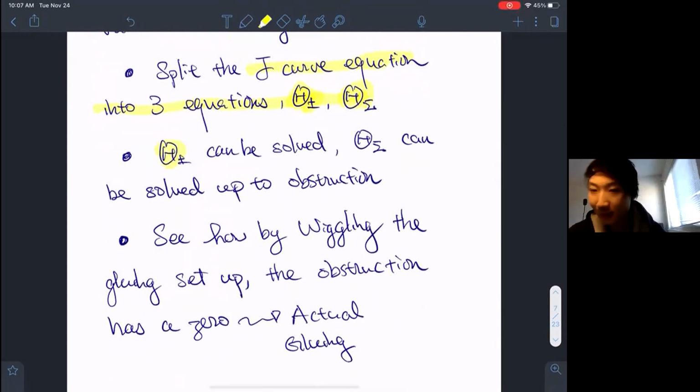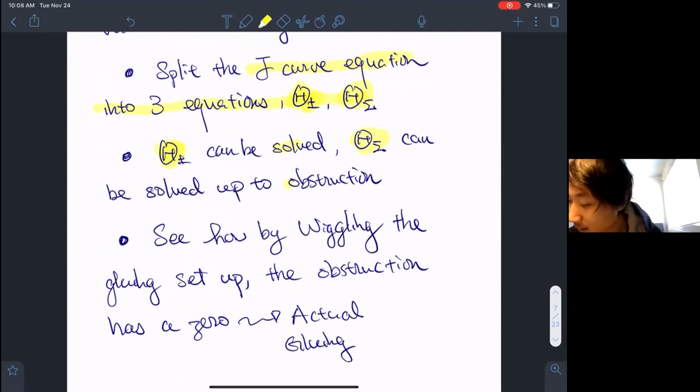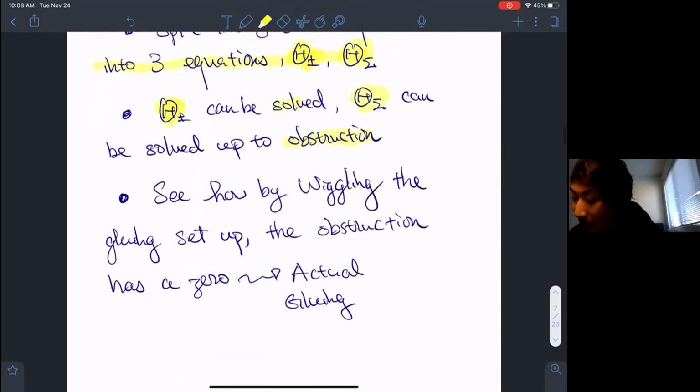It turns out theta plus or minus can be solved, but theta sigma can be solved only up to a certain obstruction section. And we'll see how, by wiggling the gluing setup and all the pre-gluing setup, we can find a 0. Well, at least I'll sketch out how there is a 0 of the obstruction section, and this will correspond to an actual gluing.